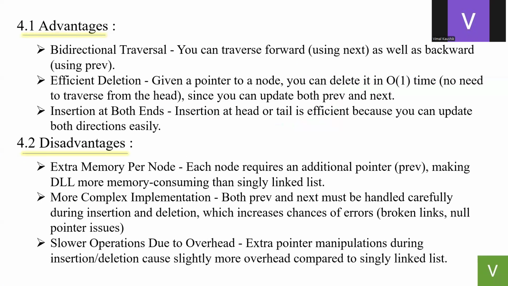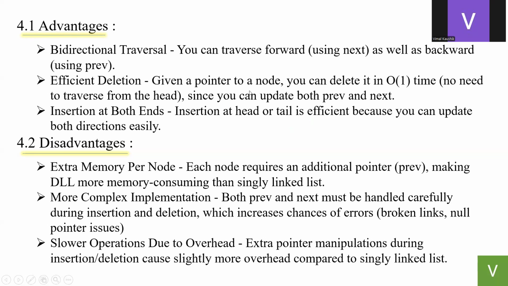Now let us look into the advantage and disadvantage of the double linked list. Some of the advantages are bidirectional traversal. So we can traverse both forward as well as backward. Especially we'll use this for displaying and reverse displaying of the double linked list. The second advantage is efficient deletion.